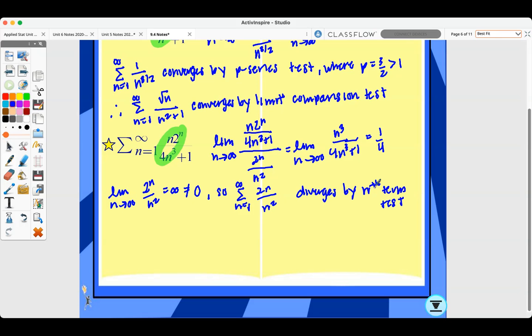And remember, exponentials grow faster than polynomials. Therefore, our series diverges by the limit comparison test.